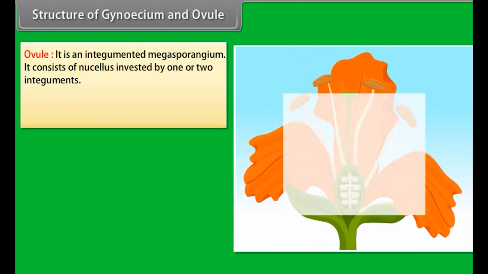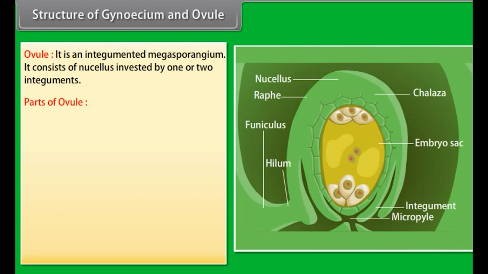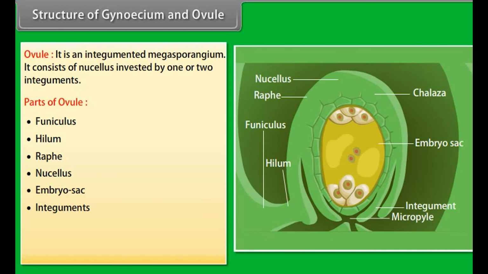Ovule is an integumented megasporangium. It consists of nucellus invested by one or two integuments. Parts of ovule: funiculus, hilum, raphe, nucellus, embryo sac, integuments, micropyle, chalaza.